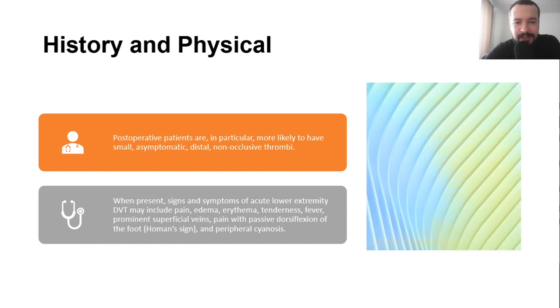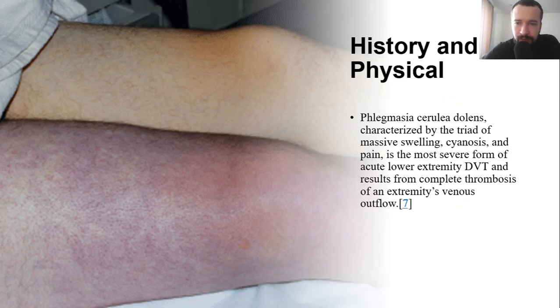When present, signs and symptoms of acute lower extremity DVT may include pain, edema, erythema, tenderness, fever, prominent superficial veins, pain with passive dorsiflexion of the foot, as this is the common sign, and peripheral cyanosis. Phlegmasia cerulea dolens, characterized by the triad of massive swelling, cyanosis, and pain, is the most severe form of acute lower extremity DVT and results from complete thrombosis of an extremity's venous outflow.